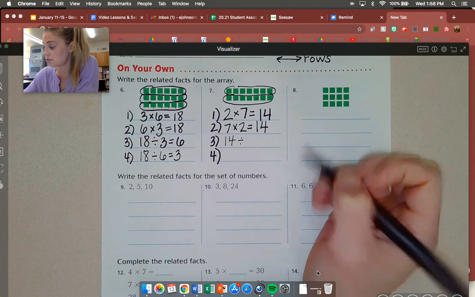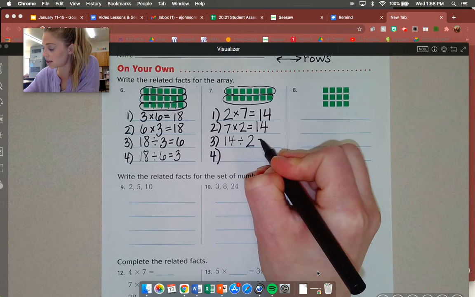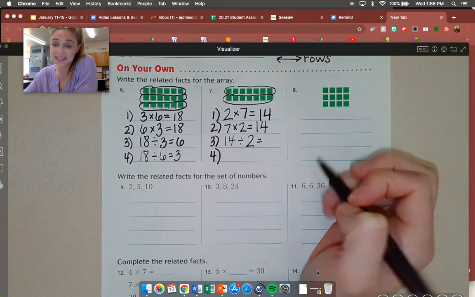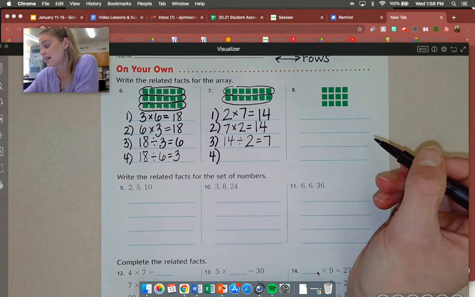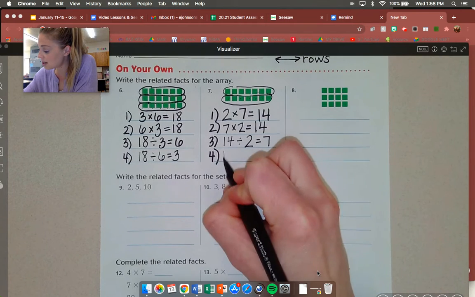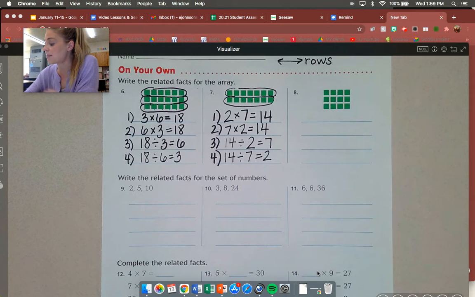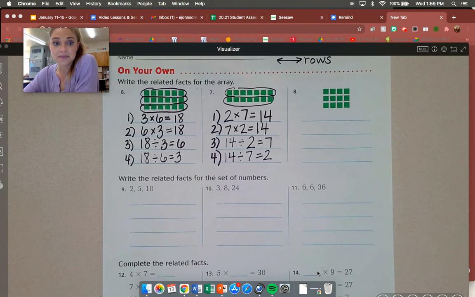And I have 2 rows here. 1, 2. 14 divided by 2 equals how many in each row? 7, right? And then to write another division equation, I go 14 divided by 7 equals 2. I just flip-flop those. That's called a fact family.